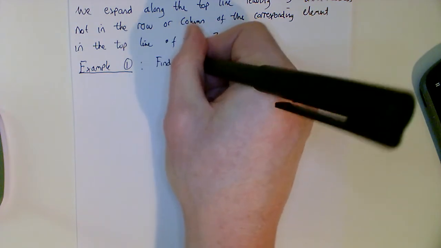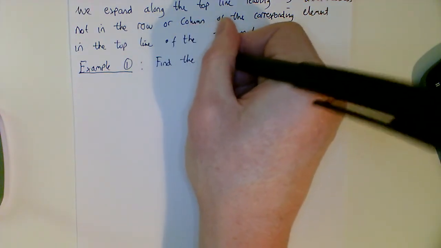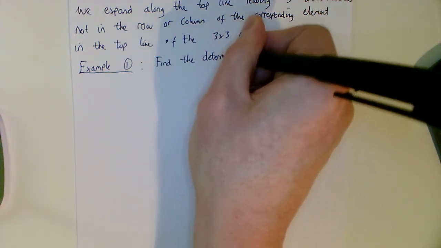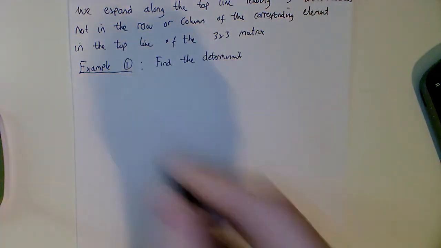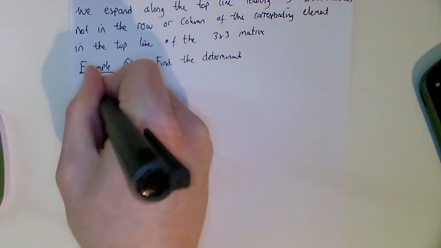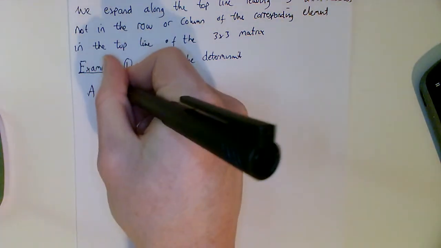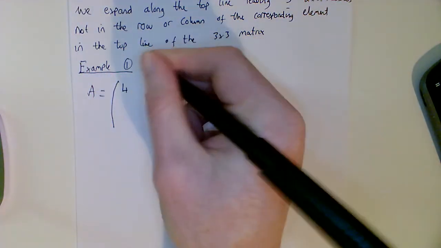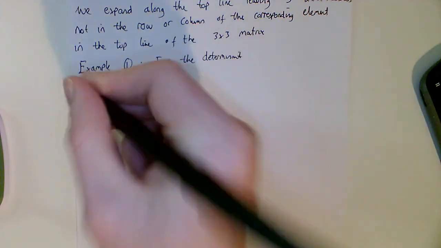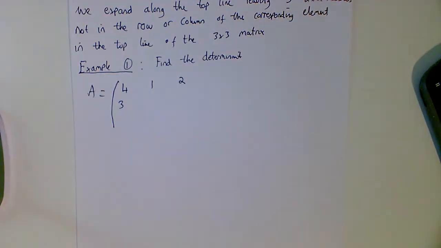Find the determinant. So let's just use this matrix here, A, and remember it's got to be square, so it's 3 by 3. I'm going to put some negatives in it as well, just because that's normally what trips people up when we're doing this.